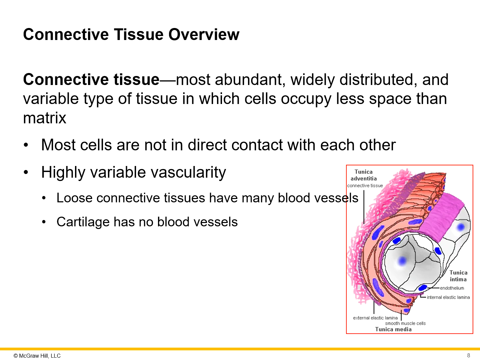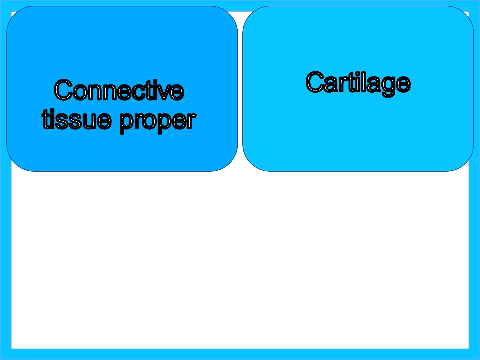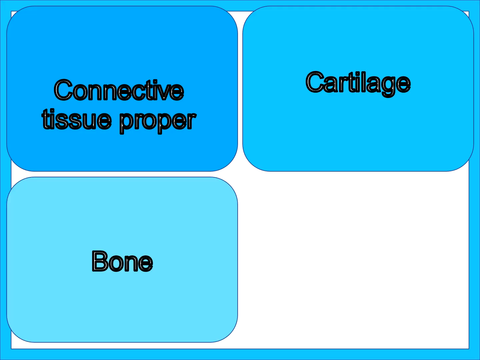Remember that this connective tissue is the most abundant and widely distributed type of tissue in the body. And we're going to focus on cartilage. With cartilage, there are no blood vessels. There's no blood supply here. We already talked about some of the traditional connective tissue, and then we'll talk about cartilage now, and then we'll talk about bone and blood.